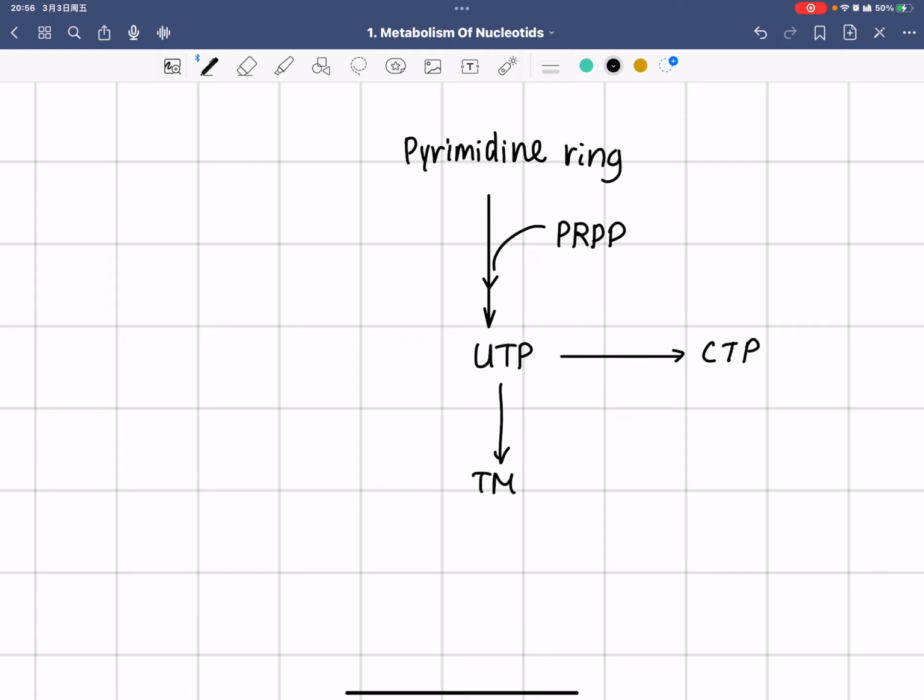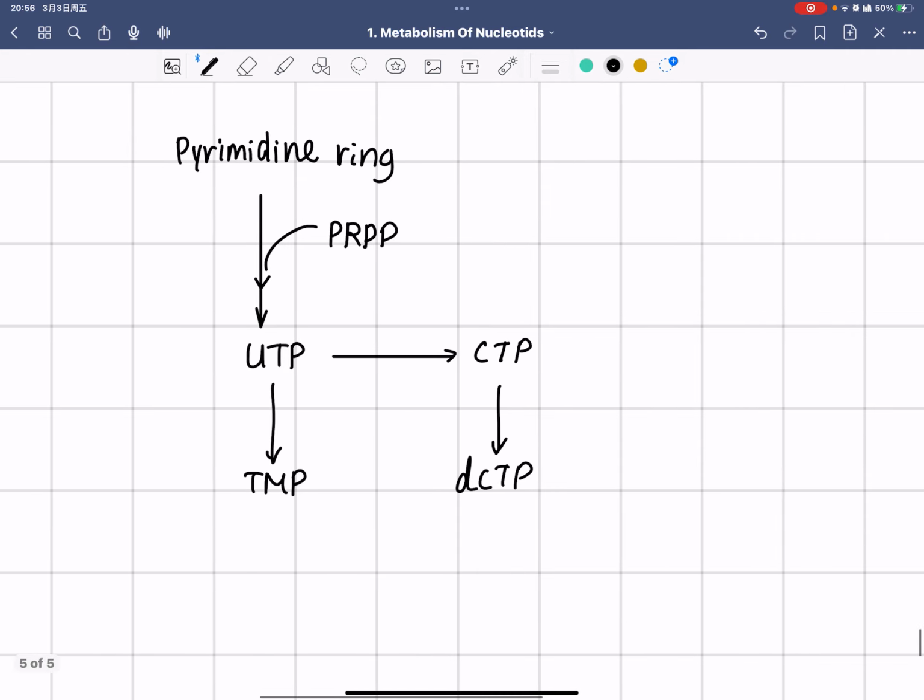And then here you can form TMP, and CTP can form deoxy. CTP uses an enzyme that's really important, and we will talk about it later. And then these two can be used to form RNA, these two to form DNA.